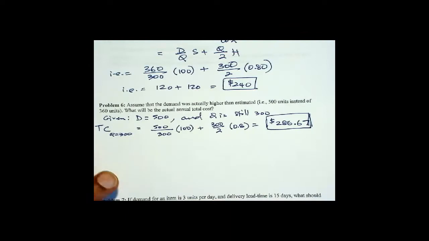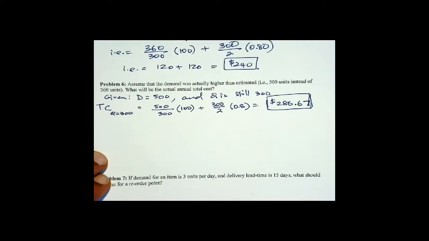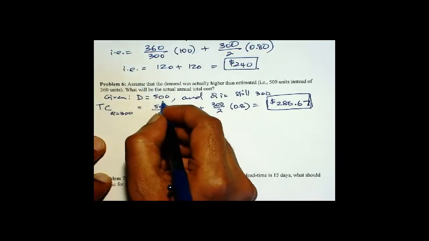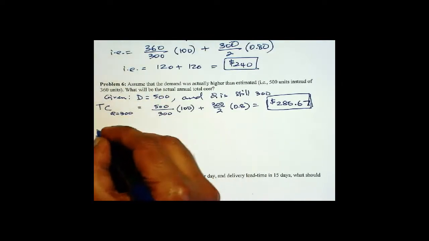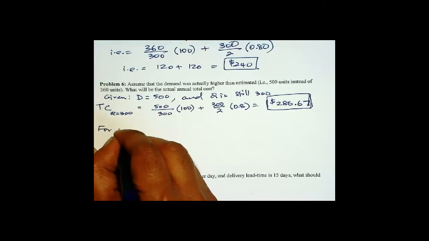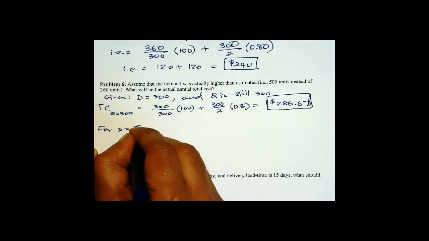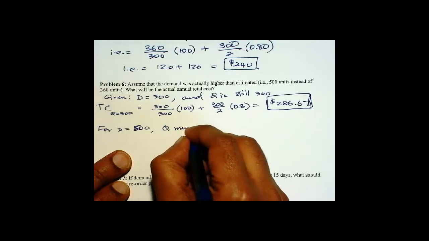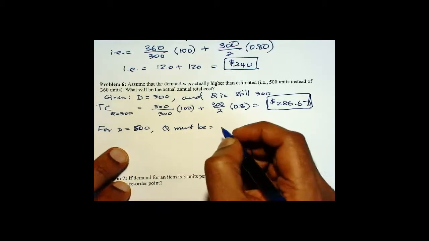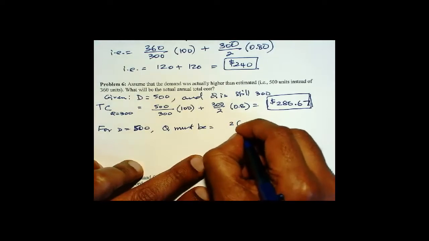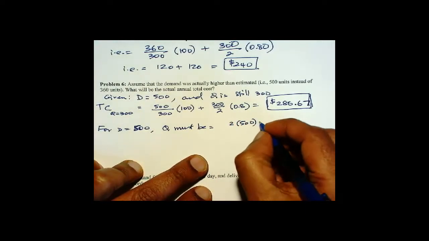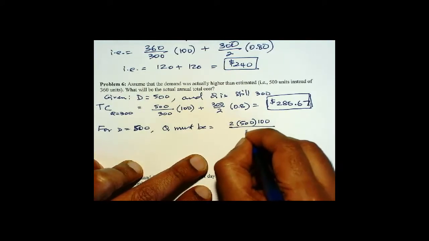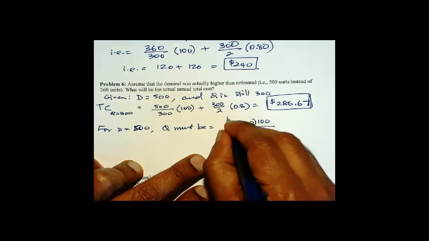But if we had correctly identified at the beginning of the year that the demand was going to be 500, so for D equal to 500, Q must be, or economic order quantity must have been, 2 times D times S over 0.8, square rooted, which is 354.